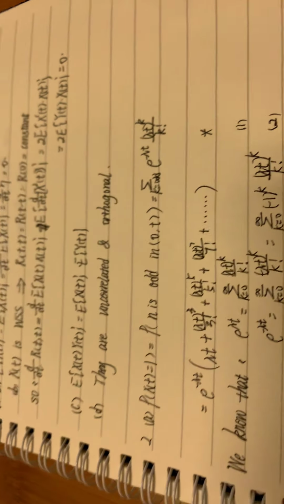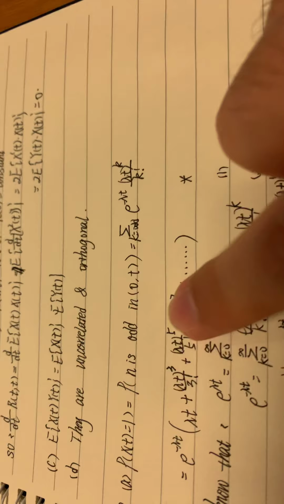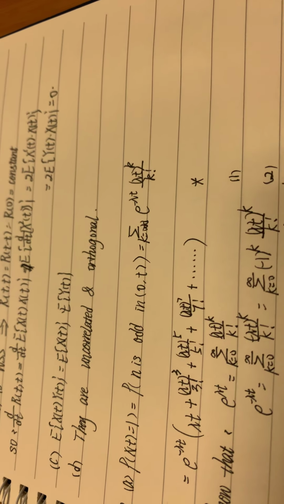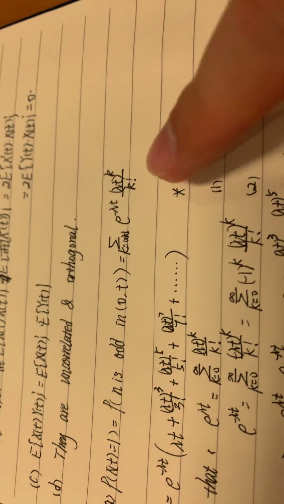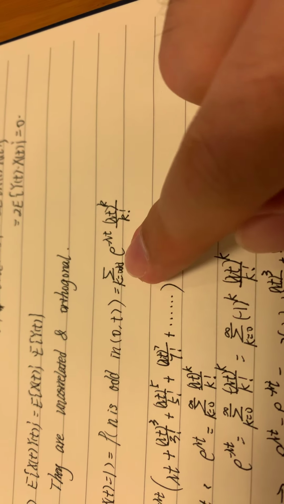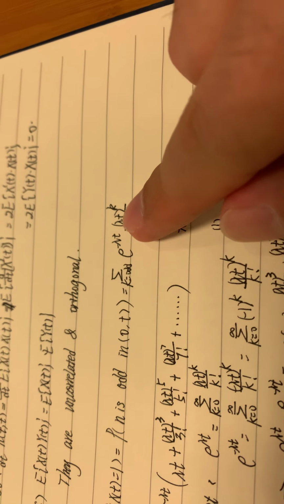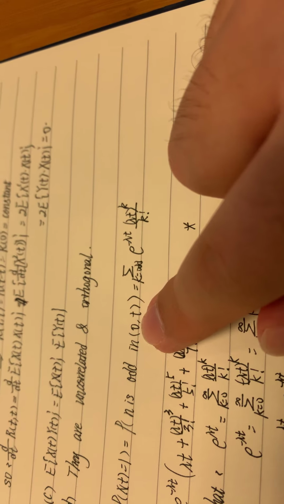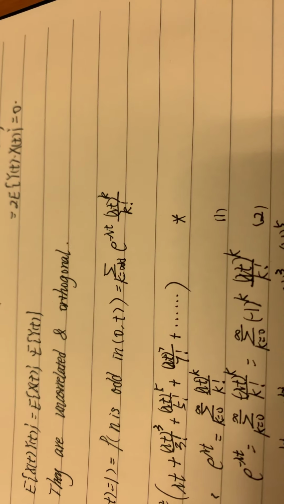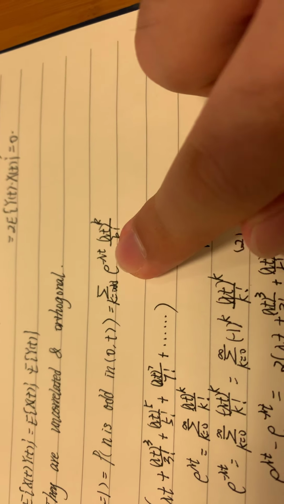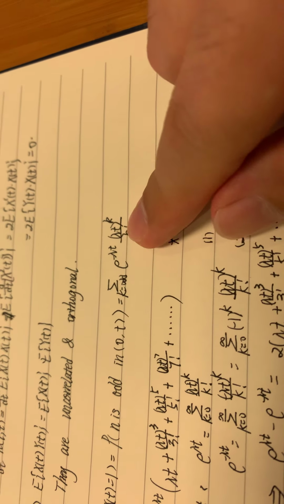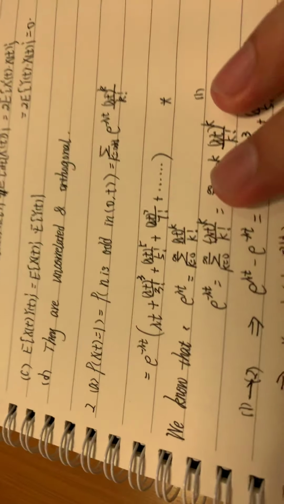Since N is odd, N is 1, 3, 5, 7, so let's write it as a sum. That's e to the power of minus lambda t, because the interval 0 to t means t2 minus t1 equals t, times lambda t to the power of k over k factorial.